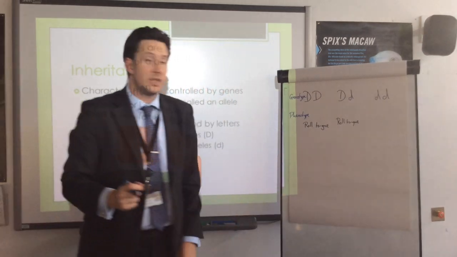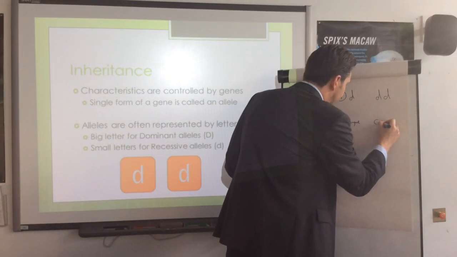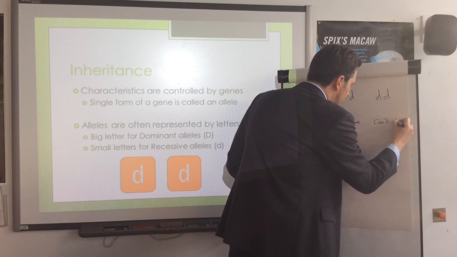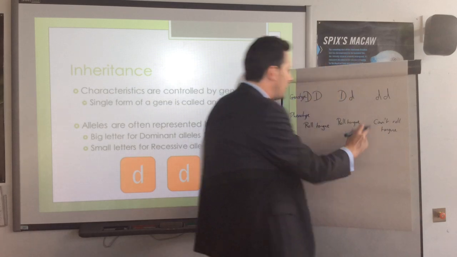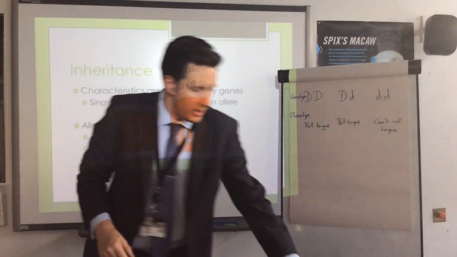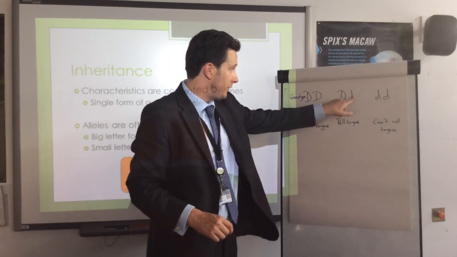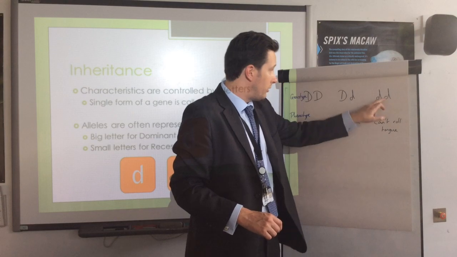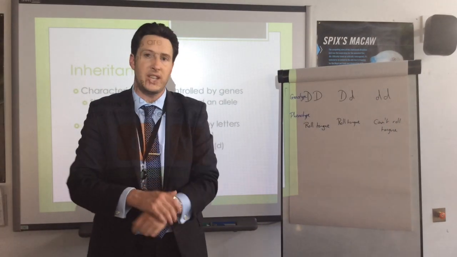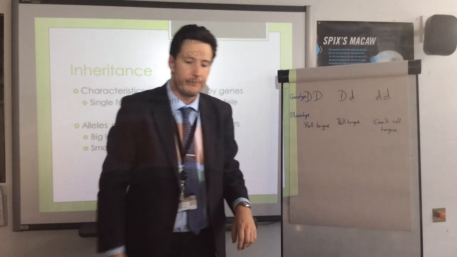And this person, because they have two of the recessive, can't roll their tongue. Okay, so that's the phenotype. You can roll your tongue if you have any of the dominant allele. The only way you can't roll your tongue is if you have two of the recessive alleles in your genotype.